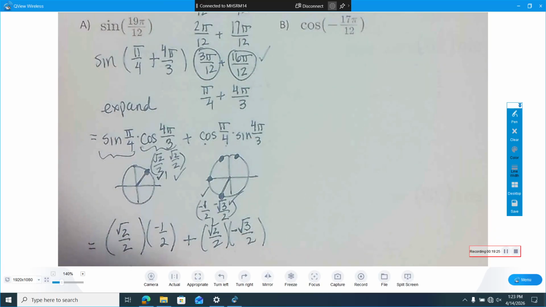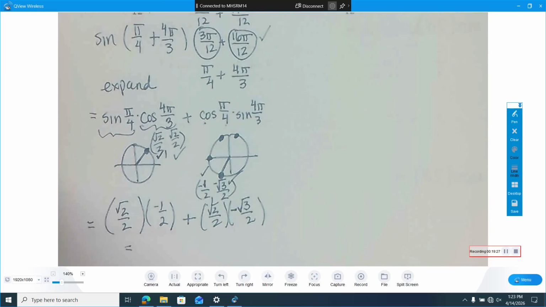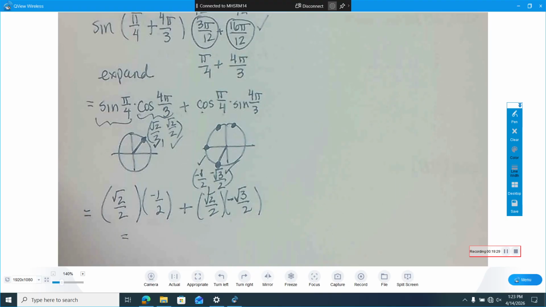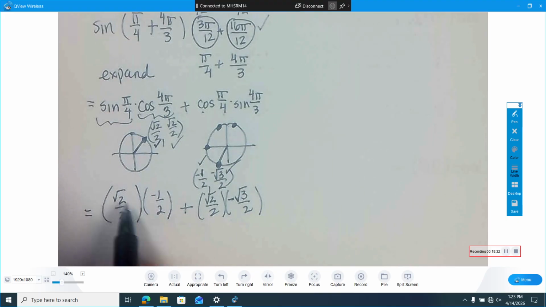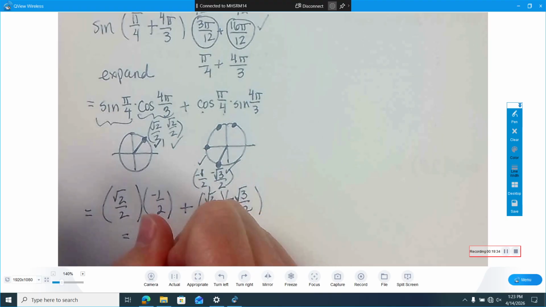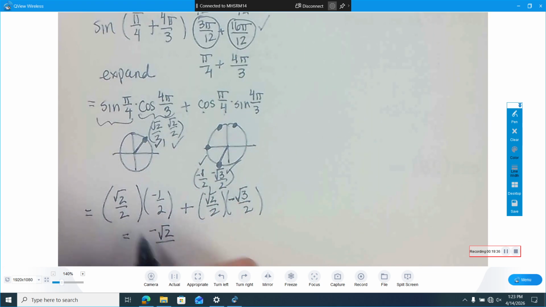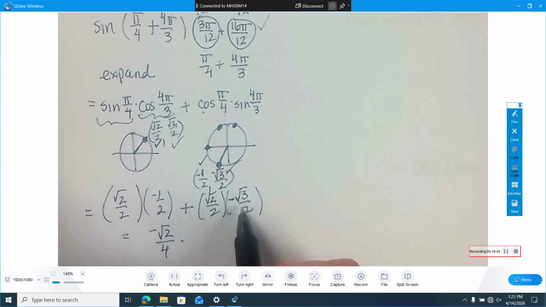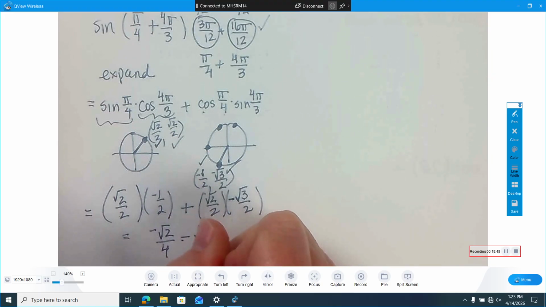All right, now this is where you got to know your math because your calculator doesn't do this. Multiplying straight across, radical 2 times negative 1 is negative radical 2. 2 times 2 is 4. On the second term here, negative radical 3 times radical 2 is negative radical 6 over 2 times 2, which is 4.